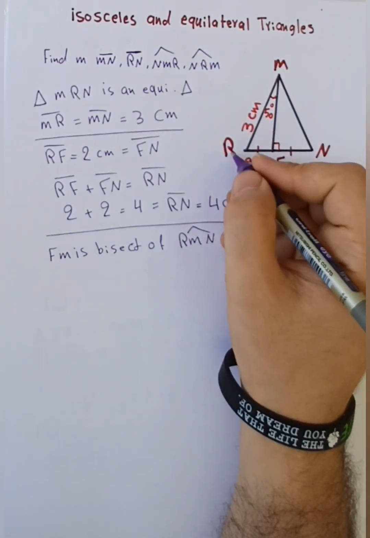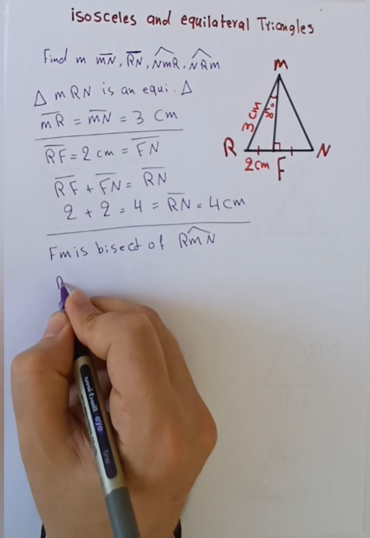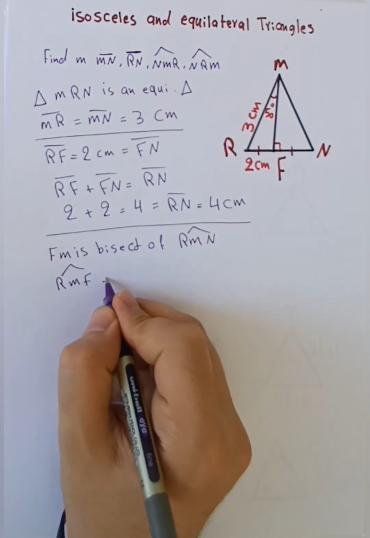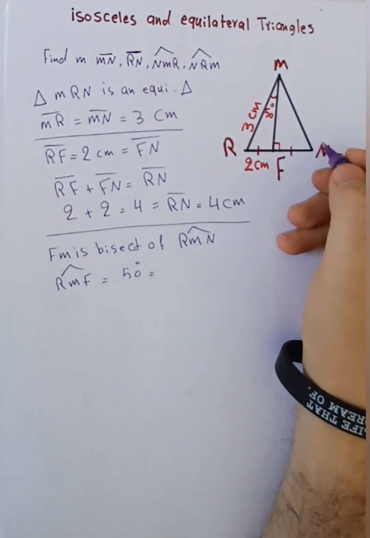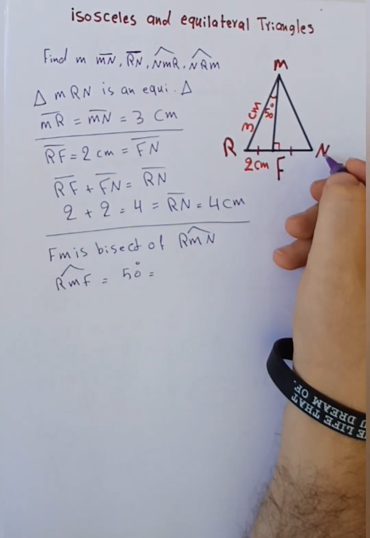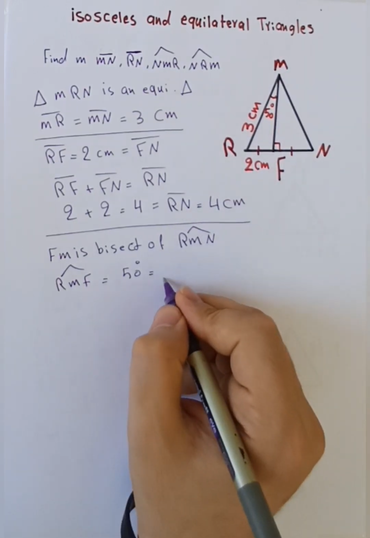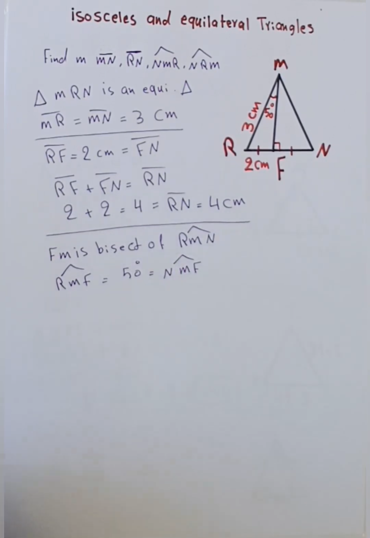So the measure of angle RMF is 50. The measure of angle RMF equal to 50 degrees. So equal to the measure of angle NMF, equal to 50 degrees.